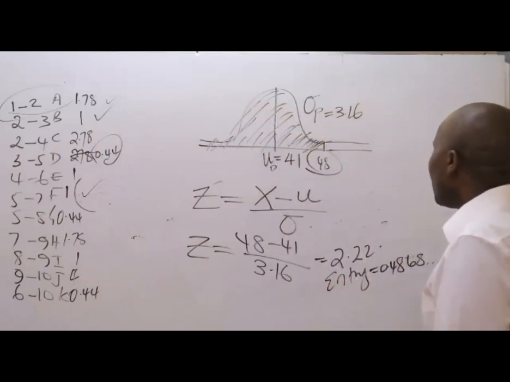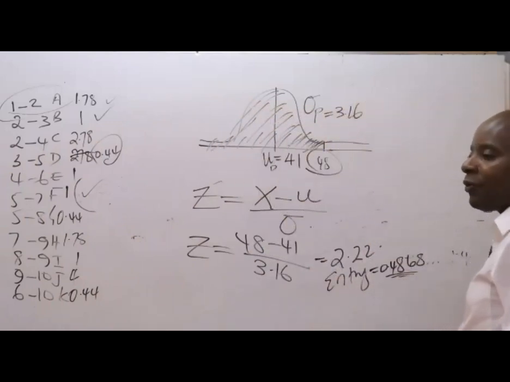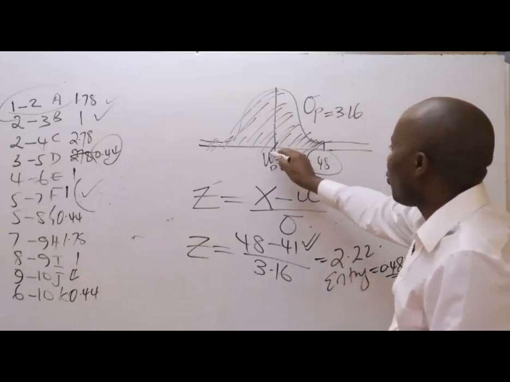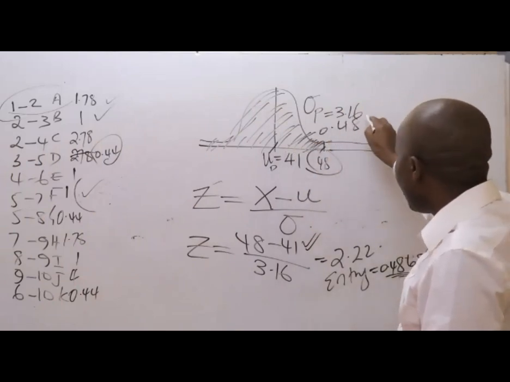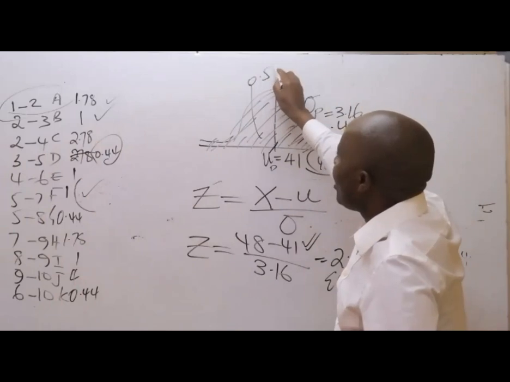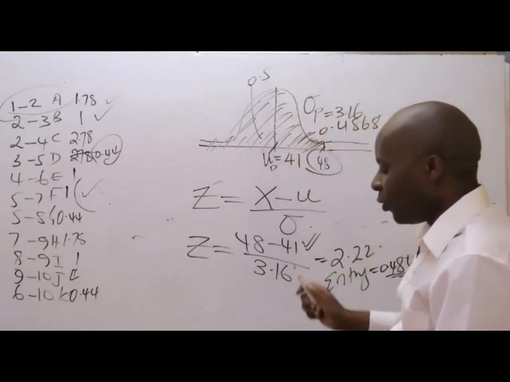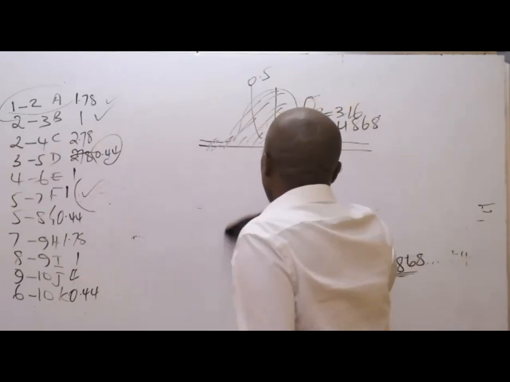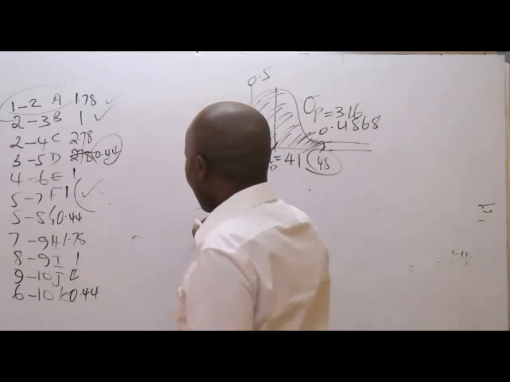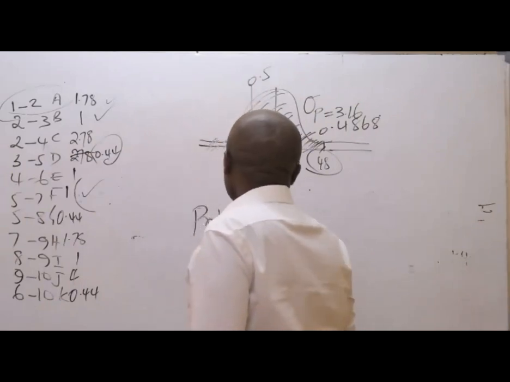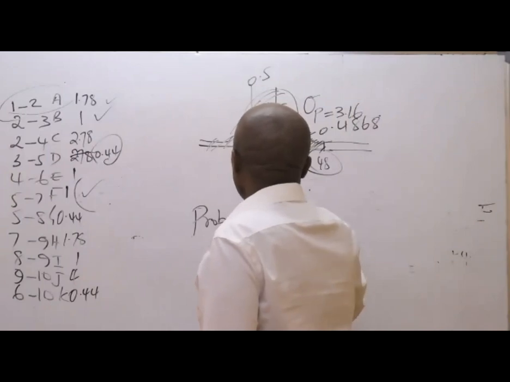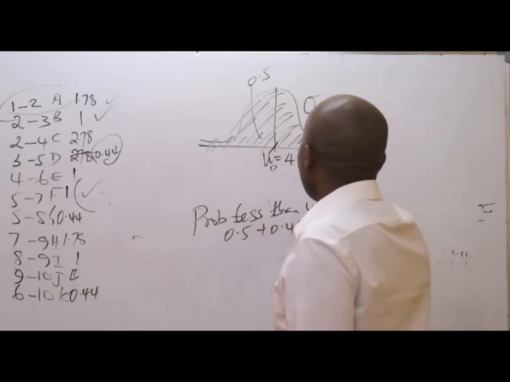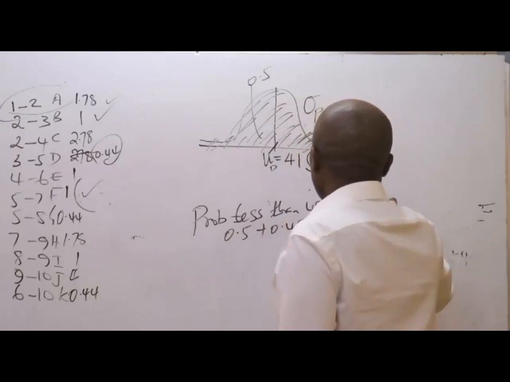Remember that this figure you have been able to read runs between the two values that you have subtracted, between this 41 and 48. This is 0.4868. And then this half area is 0.5, of course, as usual. And therefore, the probability of less than 48 will be 0.5 plus 0.4868, which gives us 0.9868.